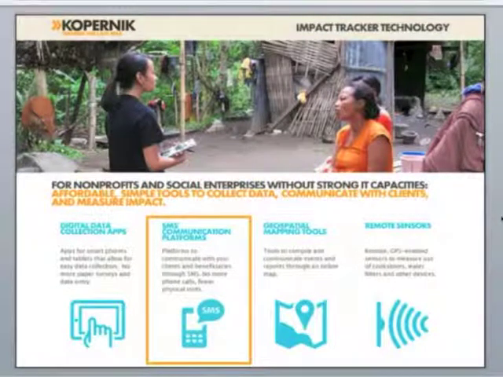In total, we showcase 39 tools in pretty detail. And then we also have additional links to 12 tools. So this catalog has over 50 tools that organizations can use to collect data, communicate with clients, and to measure impact. And today we're focusing on the SMS communication platforms category.